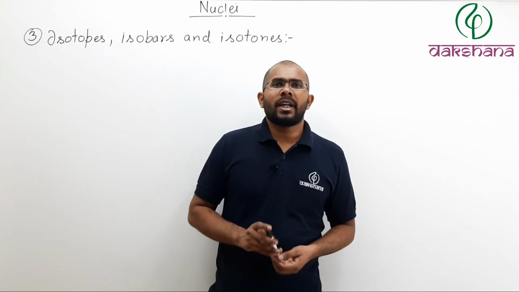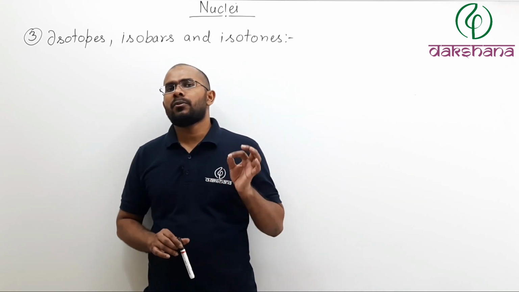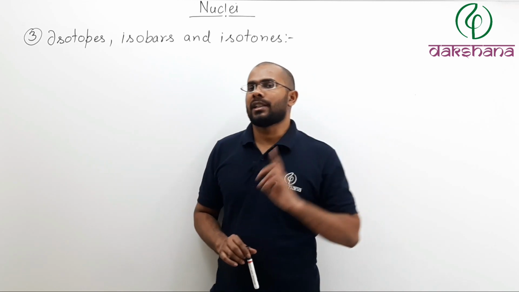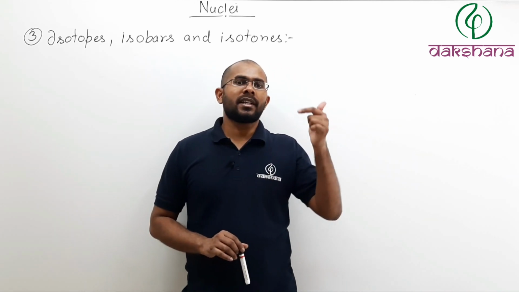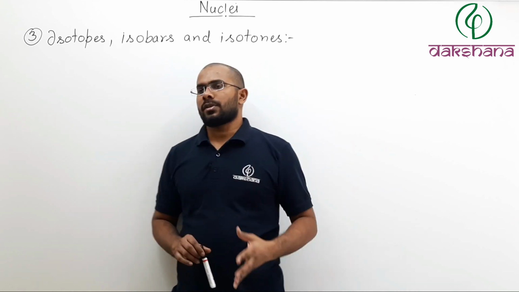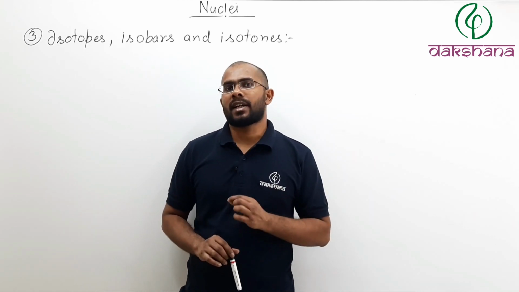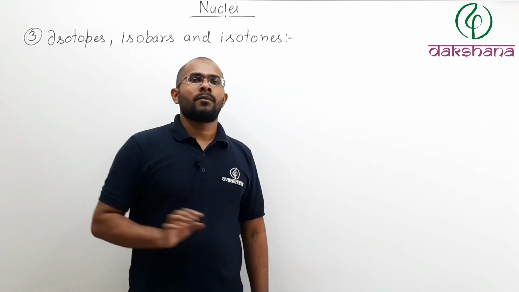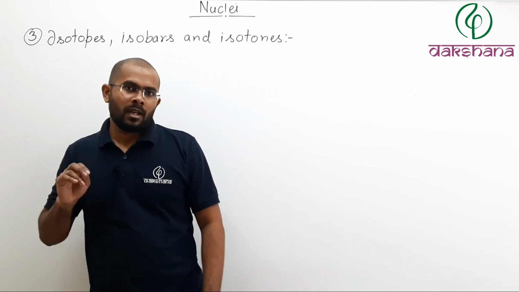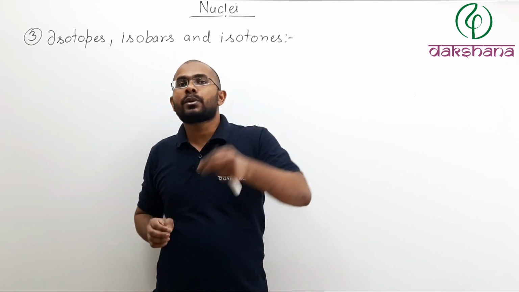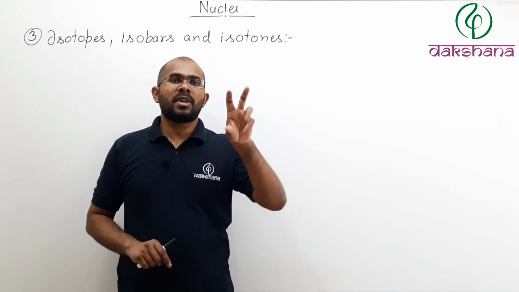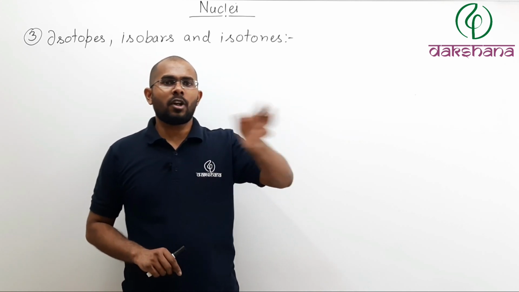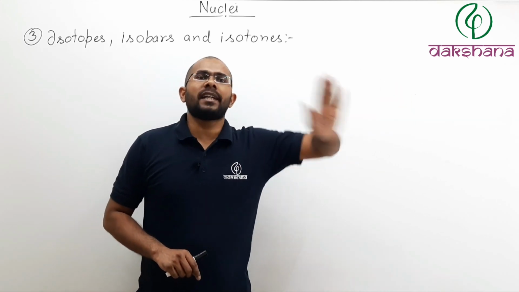Now remember, we had talked about that number of protons in a given element's nucleus cannot vary. Meaning if I take my carbon sample from any source, does not matter which source, number of protons in the nucleus of carbon atoms will always remain 6. Now what about number of neutrons? Because a nucleus is made up of protons plus neutrons, number of protons will be same for all the atoms of that element.